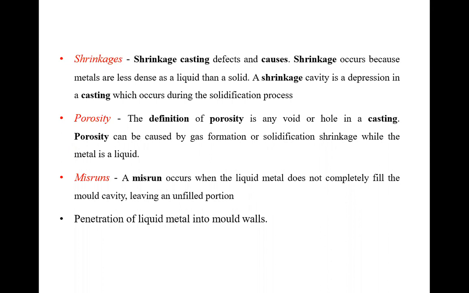So in those casting systems, some amount of force is applied to the molten metal so that it cannot flow back or reverse; it flows in the forward direction only, right? So misrun happens when there is a shortage of molten metal. The next one is penetration of the liquid metal into the mold walls.